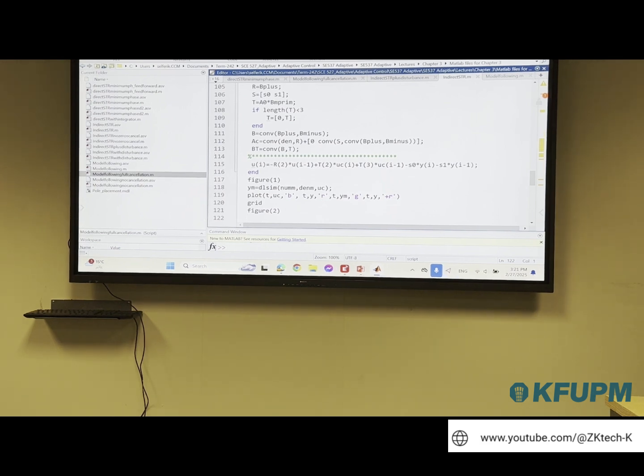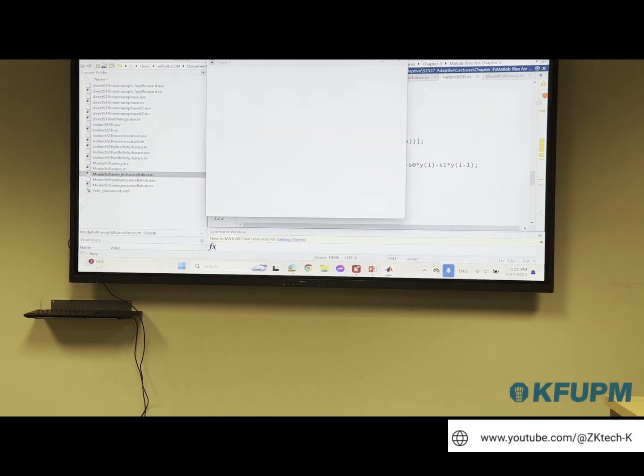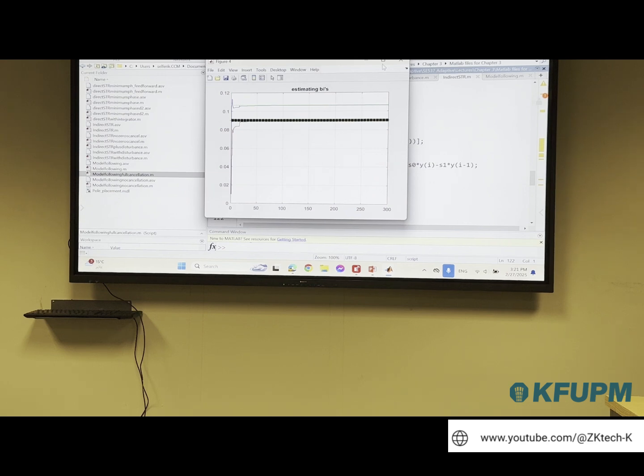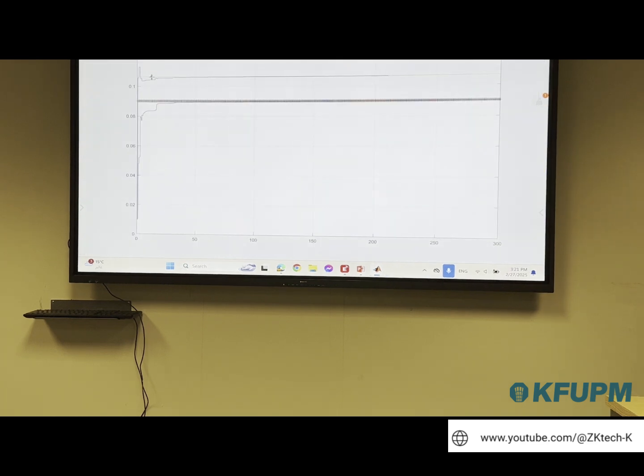So if we run it here, we are going to see what is going on with the system. These are the estimates of my parameters. Estimate of B. So we have the green line, which is your exact value, and the red curve is your estimate with the least square method. So you see there is a transient where your estimate is very far from the exact value.